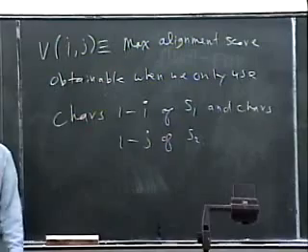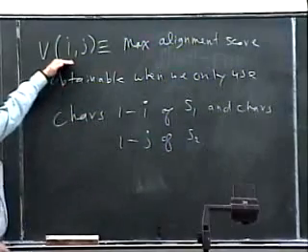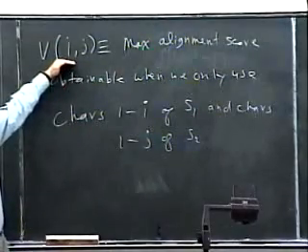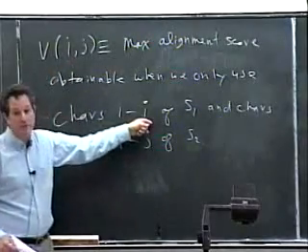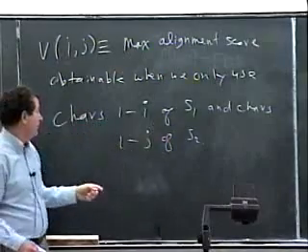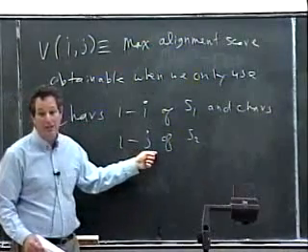Another way of saying it, and the way we said it last time, is that this is defined as the similarity value of the prefix of S1 consisting of the first I characters and the prefix of S2 consisting of the first J characters.